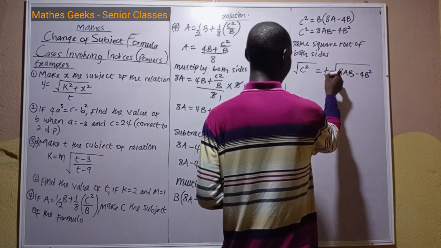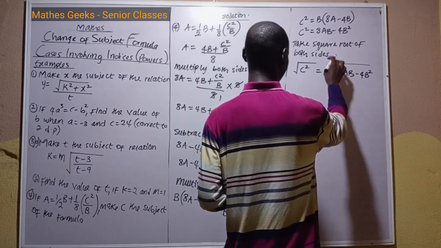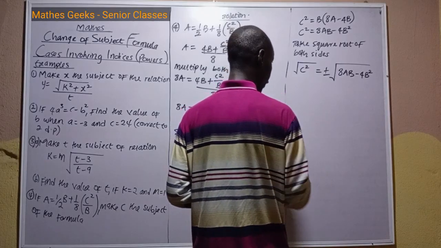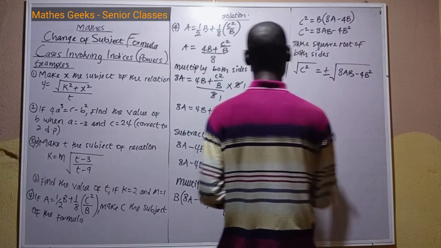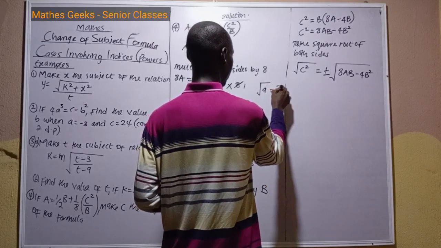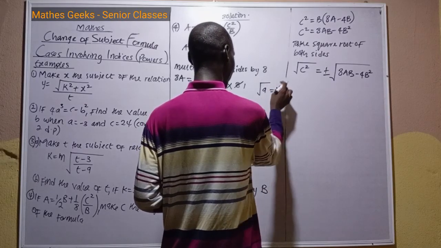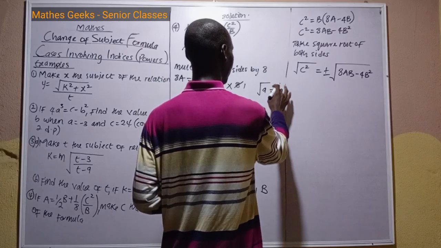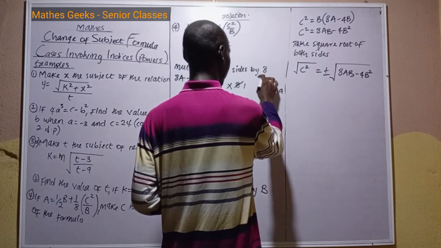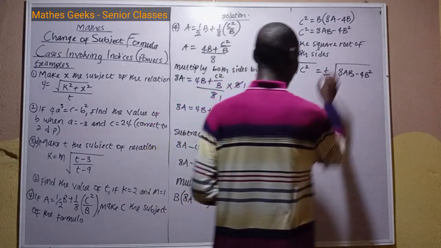Usually, the square root of a number should be plus or minus a, but we frequently go with the positive value of the square root.